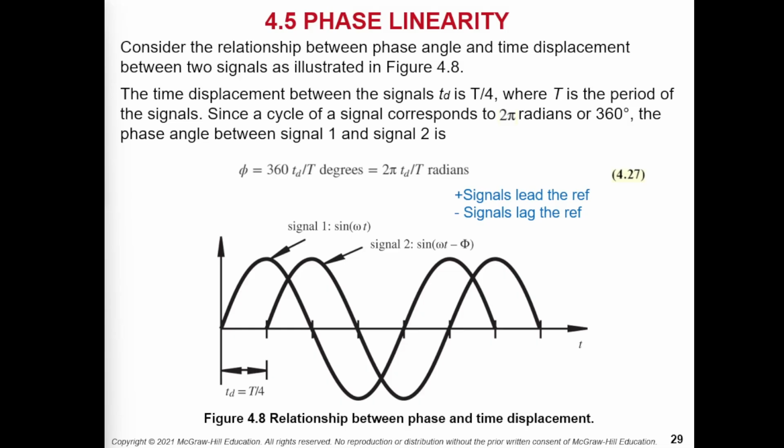Because divided by t, we can invert it to the numerator, and it will become f. So 360 f times t. When this is 2 pi, this is 360, right? And 360 f times t, this is the t, then it will become the phase.